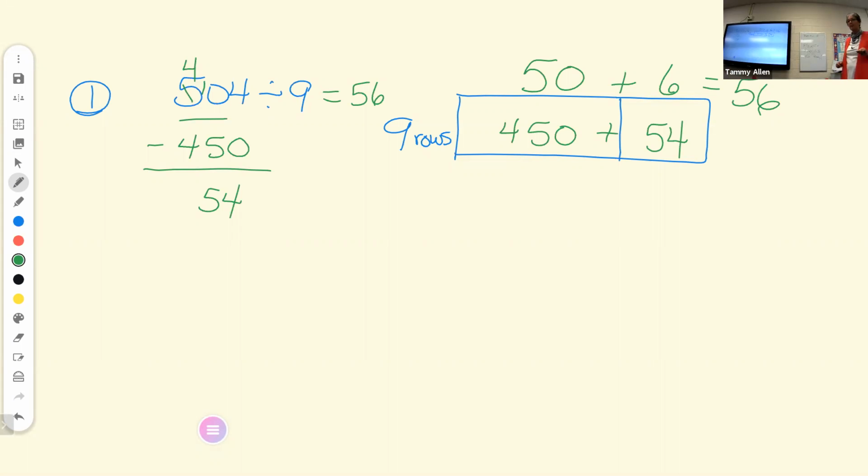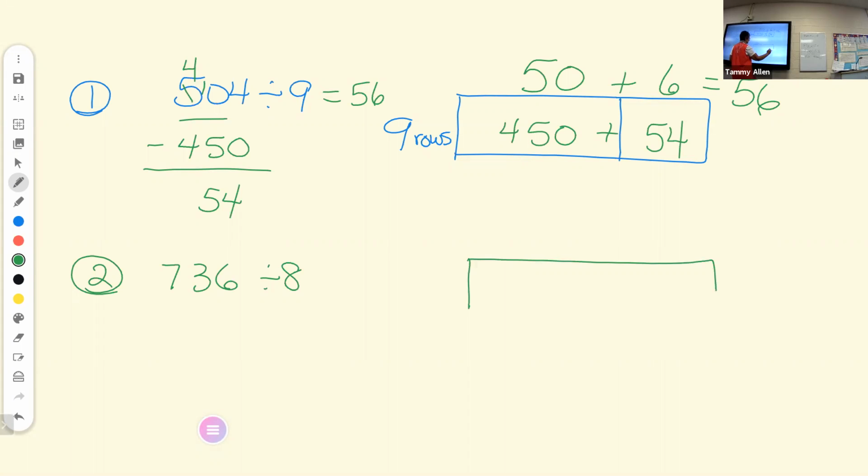736 divided by 8. It's like having 8 rows, right? Are you with me?